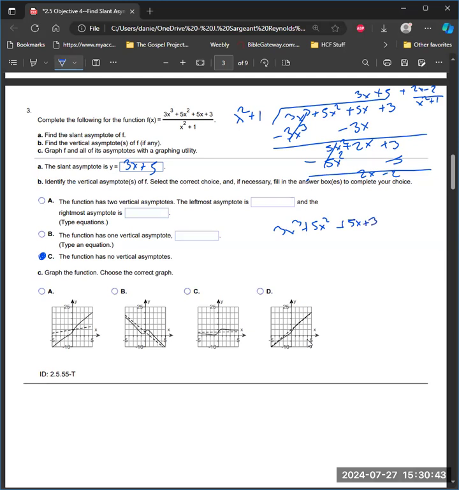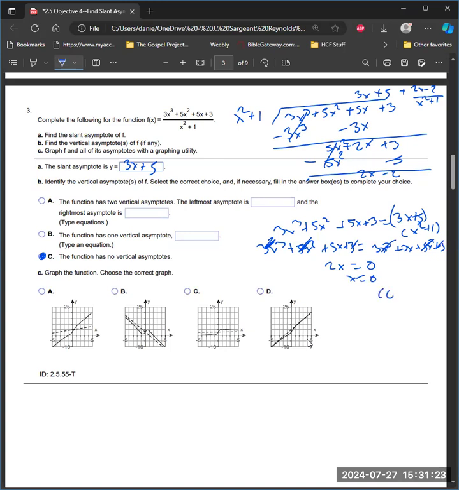Is this ever equal to, let's see. Three x cubed, 5x squared. So we get 2x equals 0, x equals 0 is where it should cross.